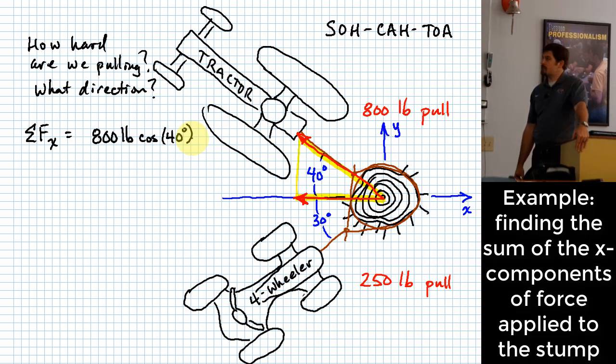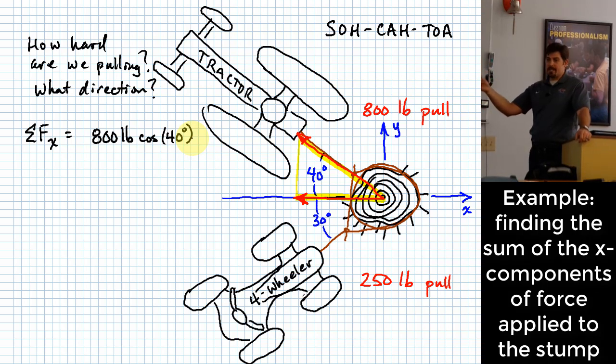One way is you can express all of your angles in what's called standard form. You can measure them all relative to the positive x-axis, and then when you take something like a cosine function, it will generate the correct sign, the correct positive or negative. And that's completely fine to do it that way.